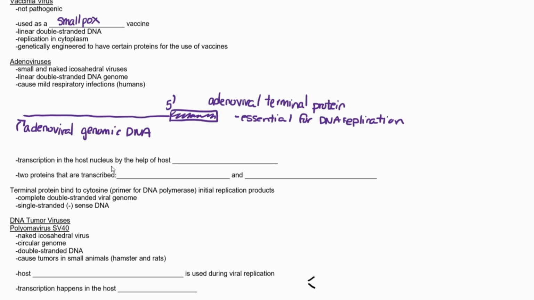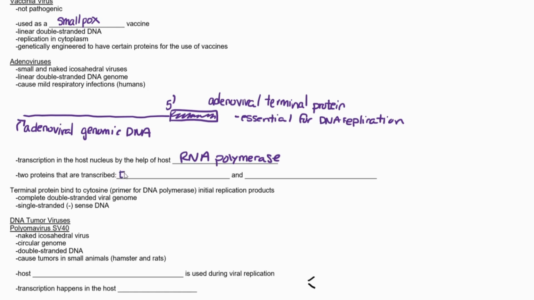Transcription in the host is in the host nucleus by the help of the host RNA polymerase. There are two proteins that are transcribed.